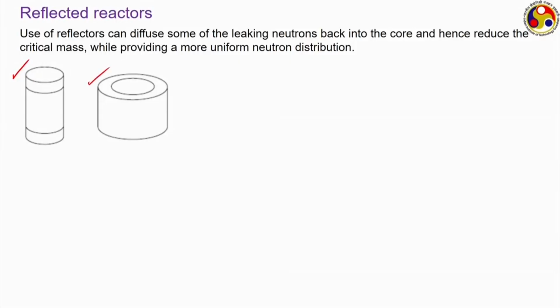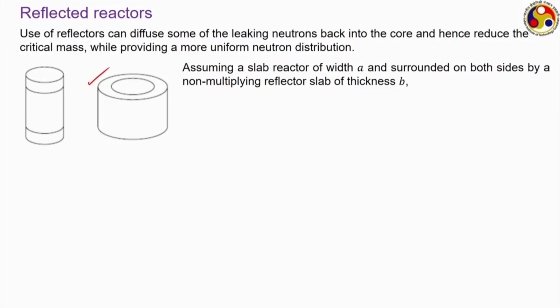Both of them have their own pros and cons, but generally the radial one is found to be more convenient and also much easier to design, and therefore the radial reflector is more commonly used, particularly in common pressurized water reactors or boiling water reactors. It is also very common to have the entire core of a boiling water reactor immersed into a pool of water, because water is a good reflector.